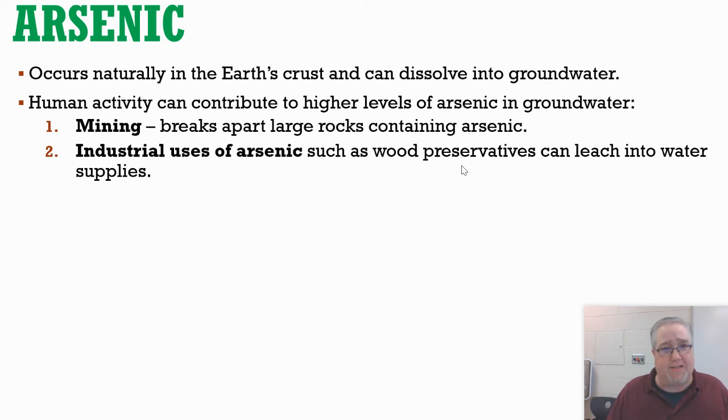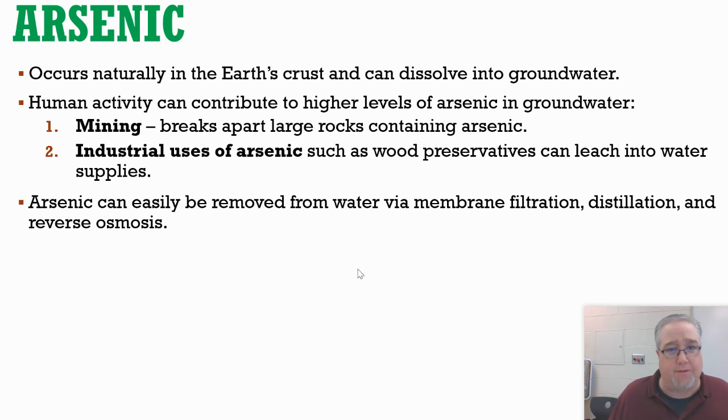And if those things, let's say, for example, some old furniture gets dumped in a landfill or something, the chemicals from that can actually get into water supplies. So, I would say mining is probably the biggest one, but anytime you disrupt the Earth's surface, or if you have anything on the surface that contains arsenic, it can get into water supplies.